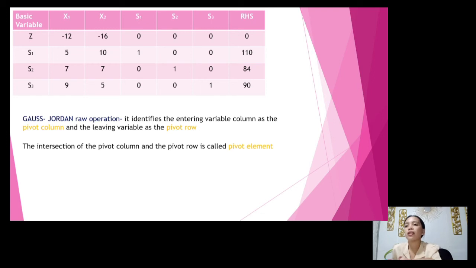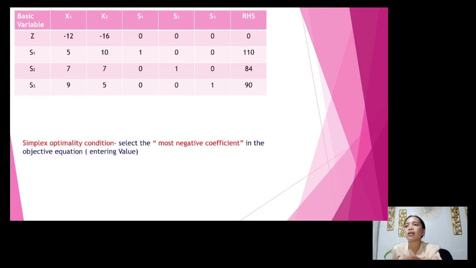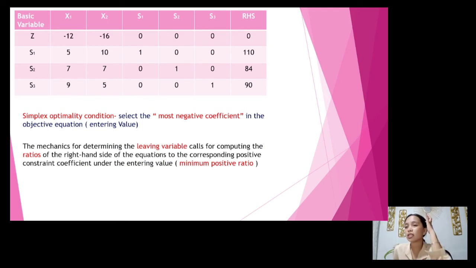So we need to find the intersection here. Next, we will be identifying the most negative coefficient. Our most negative coefficient here is 16. Then we will be getting our minimum positive ratio. For us to get our minimum positive ratio, we just simply divide RHS by our pivot column.